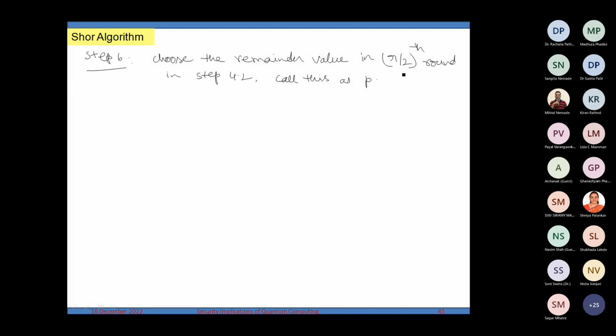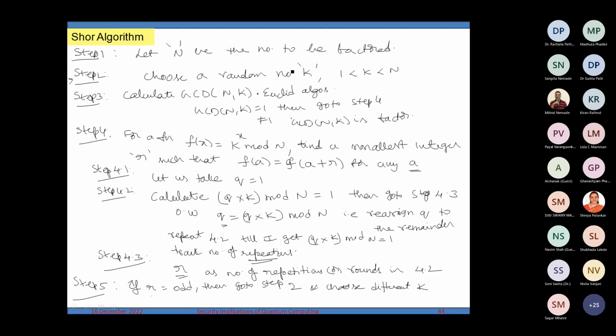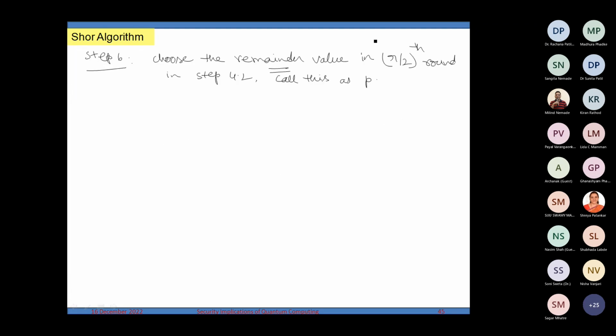I check what is the remainder value in step 4.2 for my R by 2 round. Imagine R is equal to 6, so R by 2 is 3; in my third round, what is the remainder value? If R is equal to 8, R by 2 is 4, so I check the fourth round remainder value. That's what I call P.